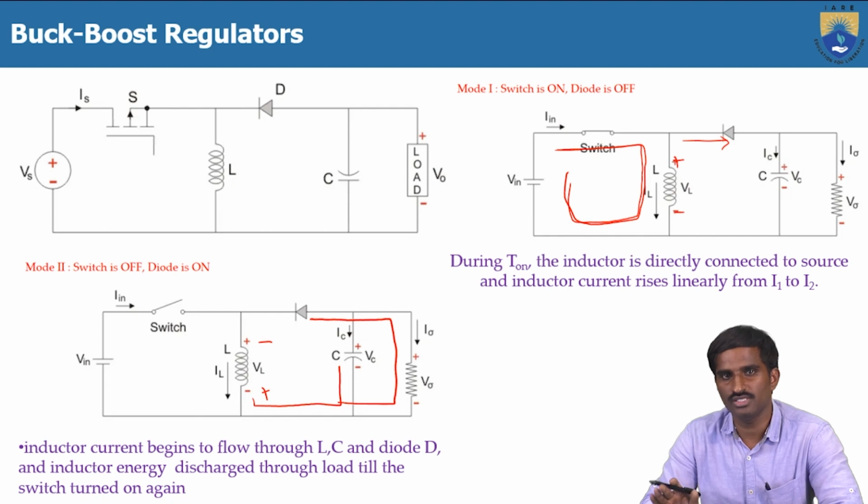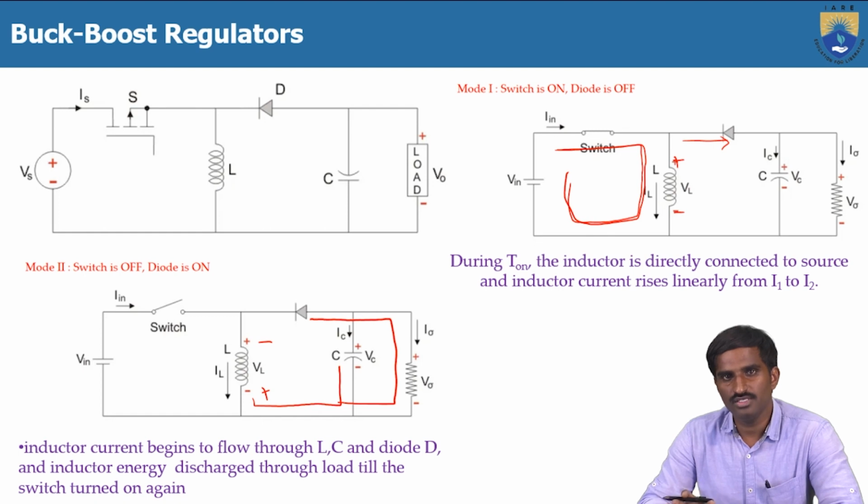That's all. That variable DC may or may not be regulated. But in switching mode regulators, we are converting fixed DC to regulated or variable regulated DC, or variable regulated DC or unregulated DC to a regulated DC supply.